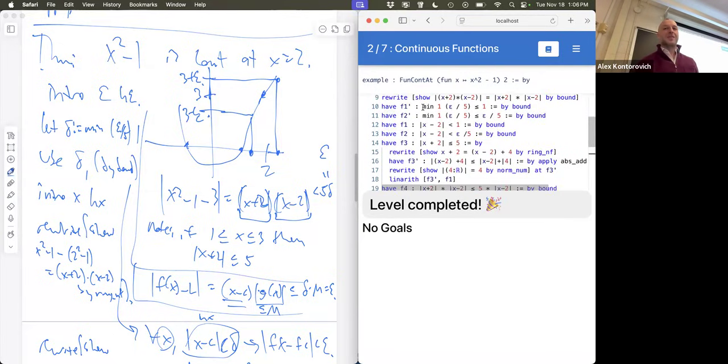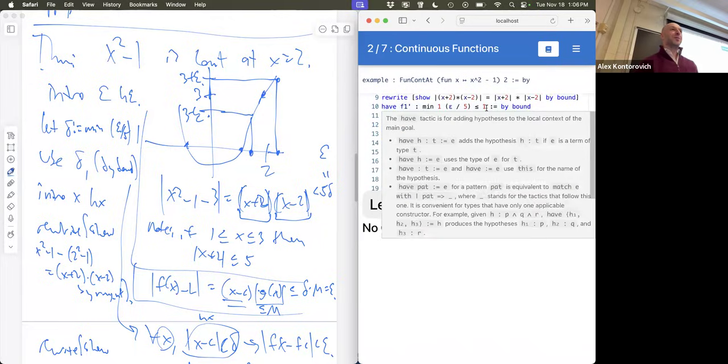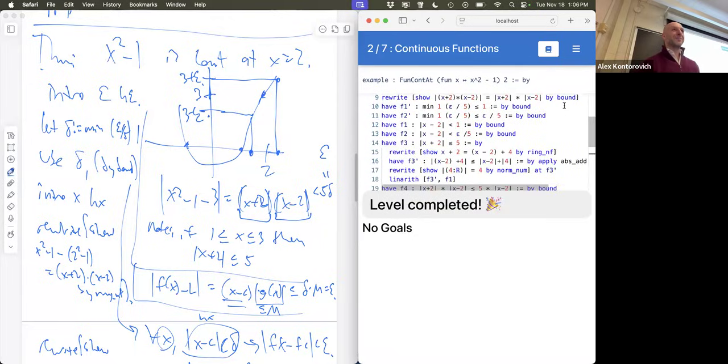What you can do instead is the minimum of two things is less than or equal to either of them, which can be proved by bound. So do not break it by cases. If we didn't have bound, you would say min LE left and min LE right, and I don't want to teach you more things than bound handles. Great. Unfortunately, it doesn't handle it one step later, so I have to break it up into two steps. But otherwise, it works. Okay, we're happy with this.